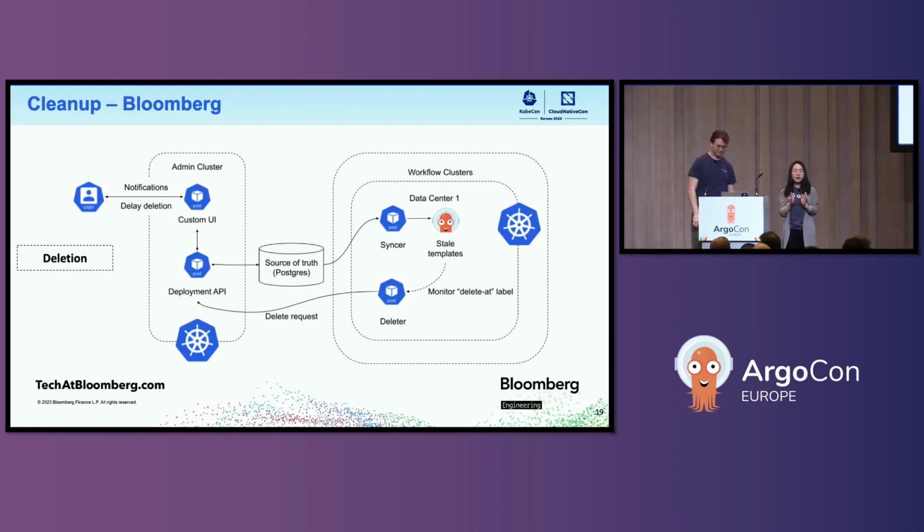And then the deleter will monitor that the template is already deployed, and when time comes, it fires a delete request to the deployment API for the final deletion. But on the other side, the UI will also get notified of that delete label, and it will transfer that notification to the user, so the user can choose to take actions if they want to, like delete that label or extend that label.